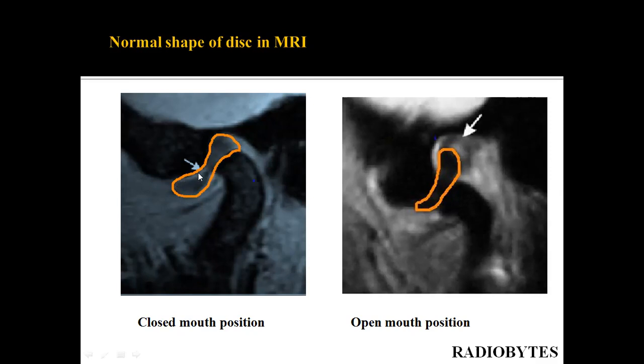It is marked here, and it bears a biconcave shape. This is in closed mouth position. In open mouth position, sagittal section, you can appreciate the disc here. This is also biconcave shaped.